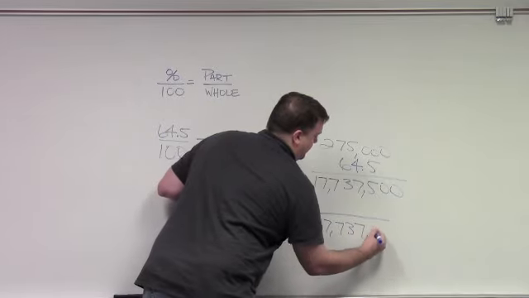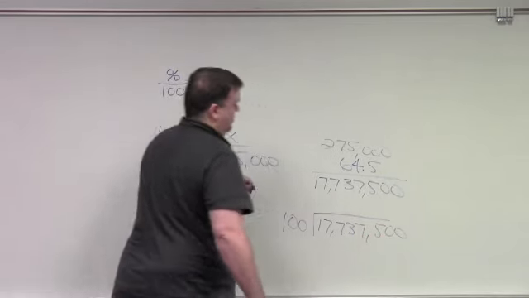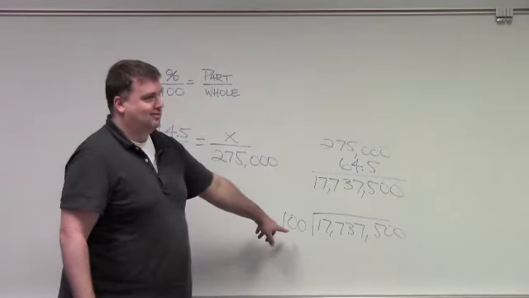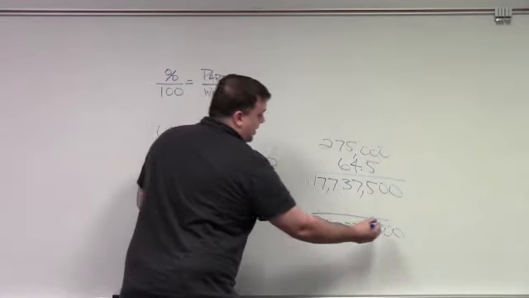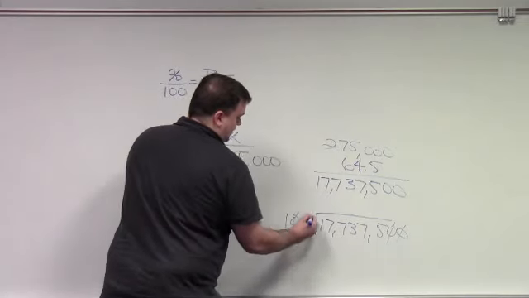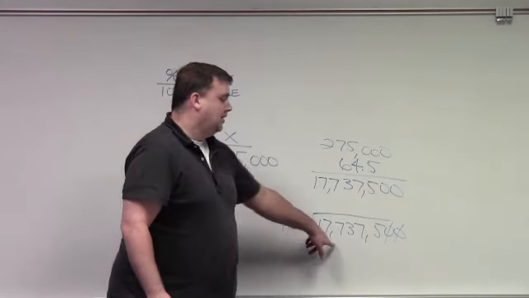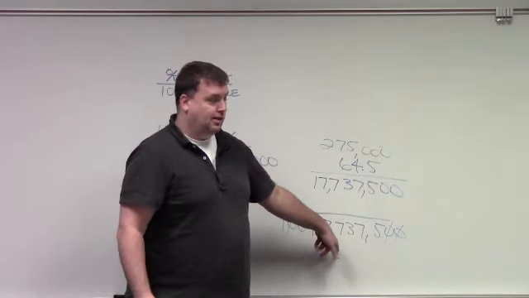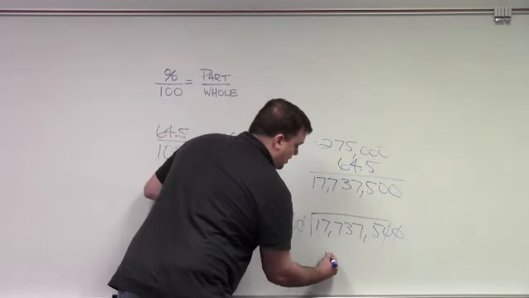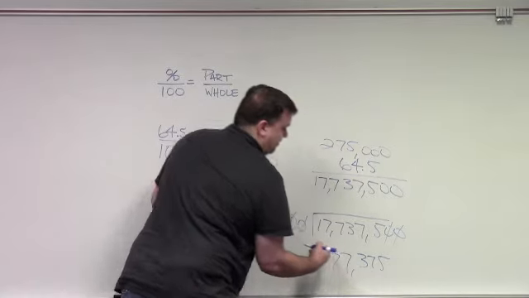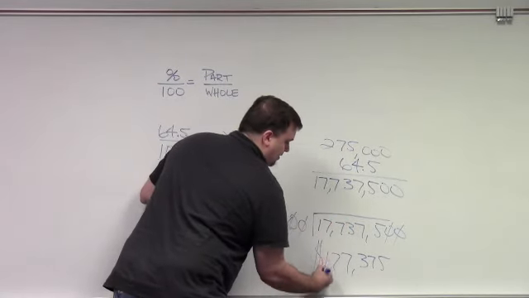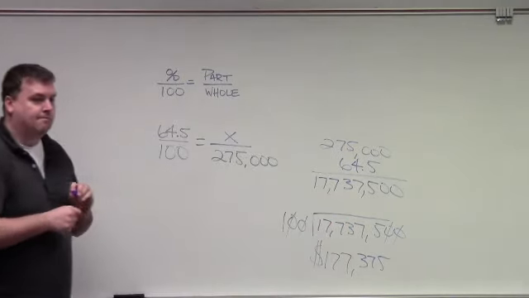Now I'll show you a little trick on division as well. That's going to suck, right? Take 100. If you have two numbers that end with zeros, you can cancel out the zeros. So what's 1 into anything? Itself. So that's basically 177,375, right? There you go, there's your answer.